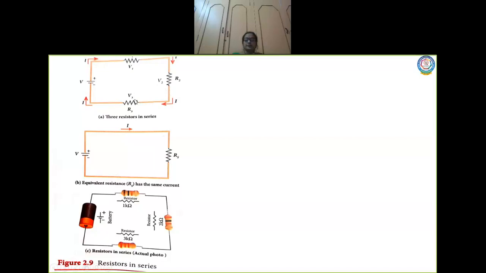We cannot see charges getting accumulated anywhere, so they will be moving. So it will be the same when they move towards R1, R2, and R3. Because of the movement of charges, the current will be the same in all the three resistors.